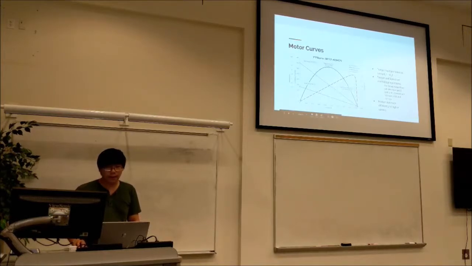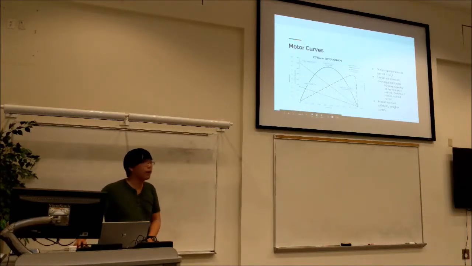Also, as you do that, your speed decreases, so as you increase your load on the motor, it will also decrease speed. I think you've seen that at least experimentally. And one more thing is that motors tend to run more efficiently at higher speeds, so with less load.